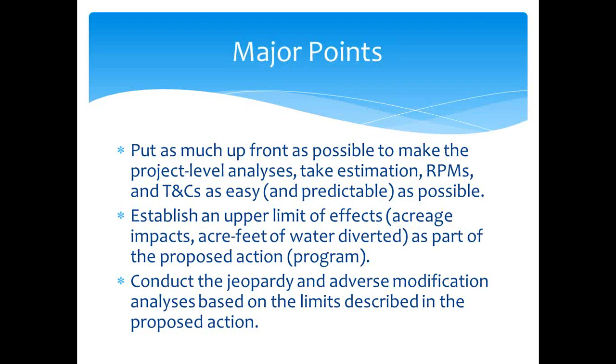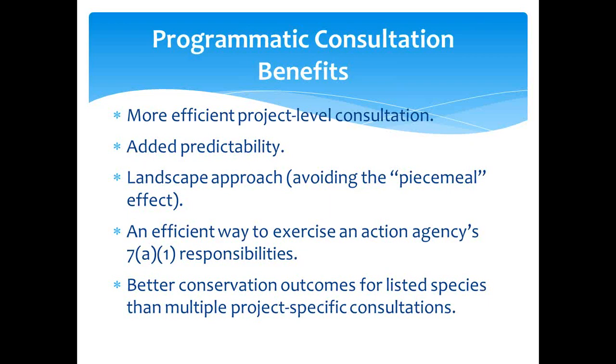This program will affect not more than whatever. And then conduct the tier 1 jeopardy and adverse mod analyses based on that limit. Is this species jeopardized if we reach that full maximum or not? And what are the benefits?